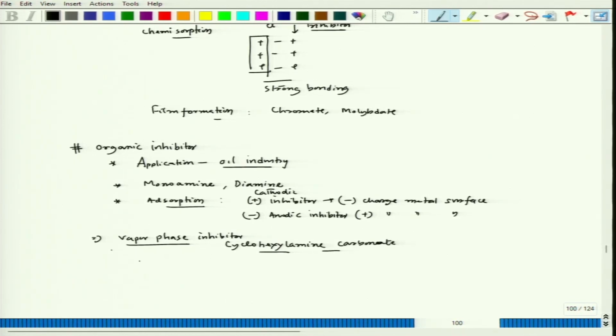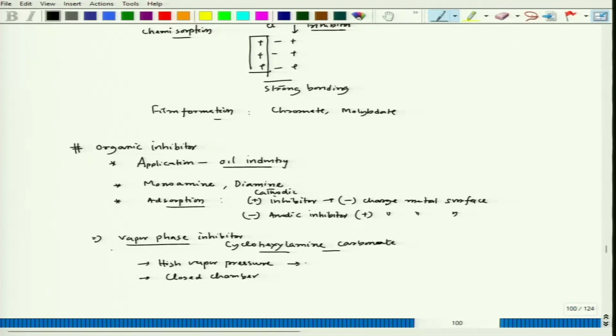Now, these are actually high vapor pressure substances. If you keep them in a closed chamber, and the condition is that it has to be a closed chamber, it is not kept close to the metal surface, but a little away from it. What they can do is sublimate easily because of the high vapor pressure, and then on the metal surface they deposit back, forming a few monolayers, which prevents contact with water.